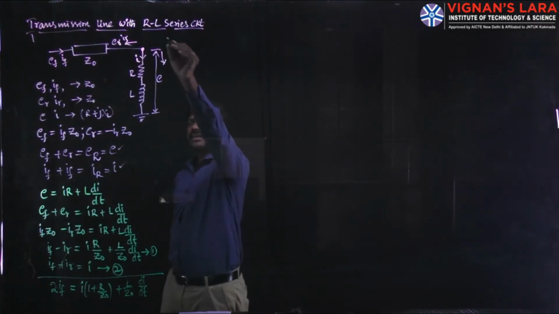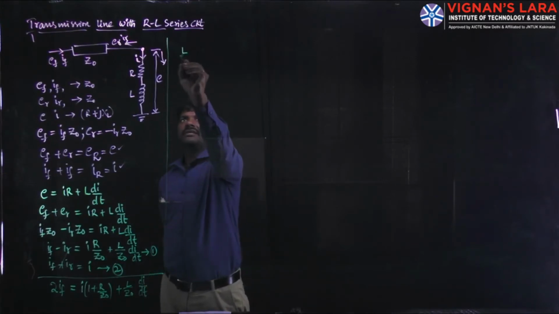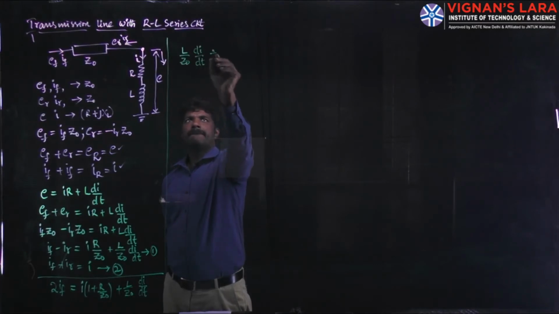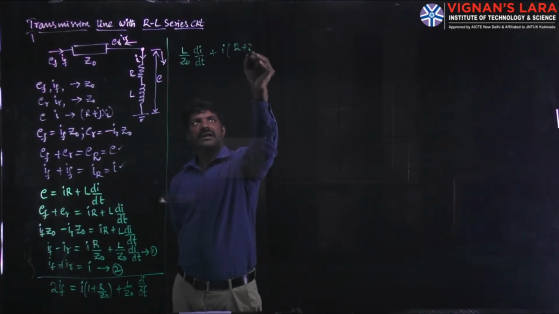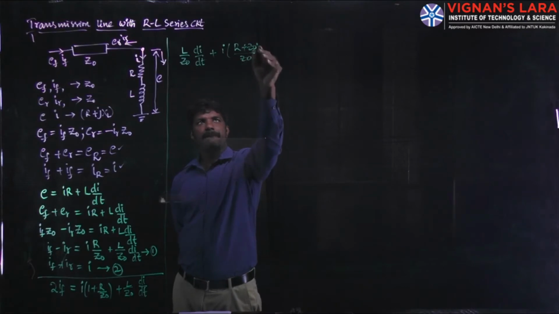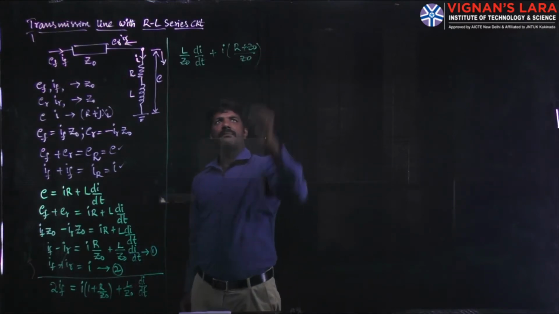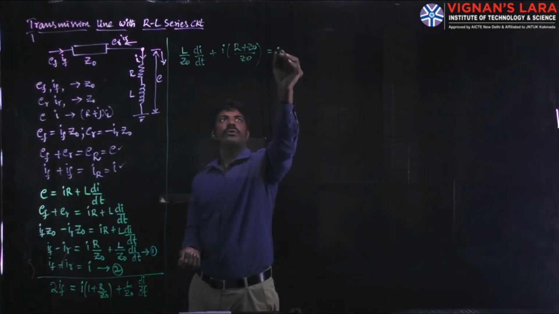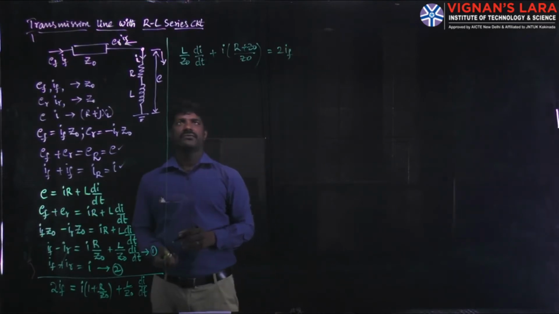So rewriting the same thing here, what we get is L by Z0 di by dt plus I into R plus Z0 by Z0, taking the LCM, is equal to 2IF.